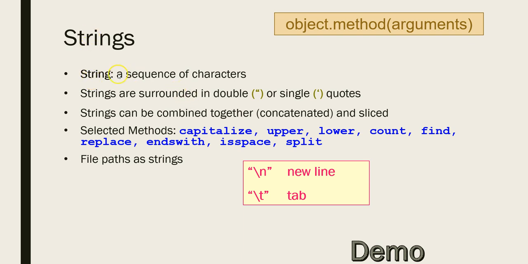Actually, string per se is a class, but when you have a variable which stores a sequence of characters, that's an object. We will talk about object-oriented programming later on. For now, you just have to remember that this is how object methods or functions are defined.